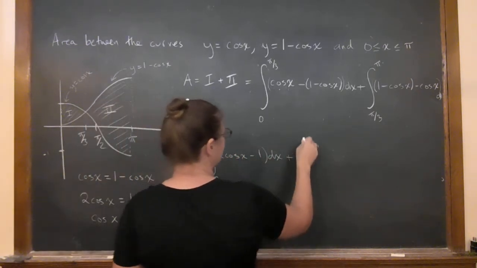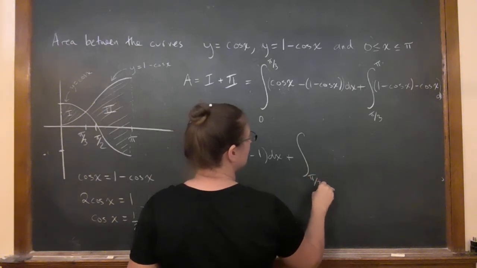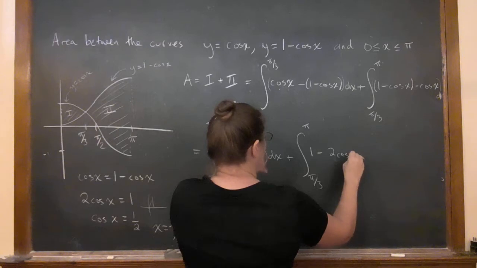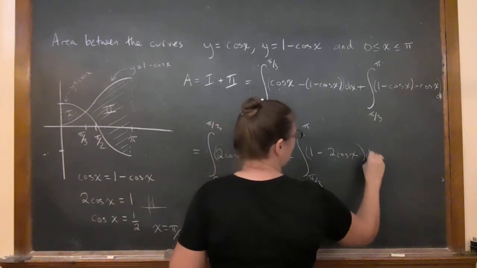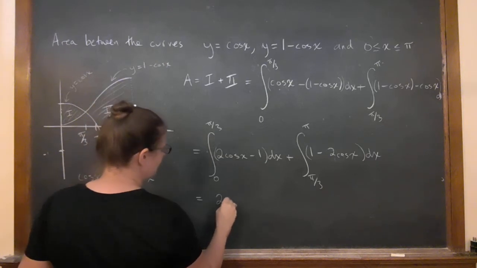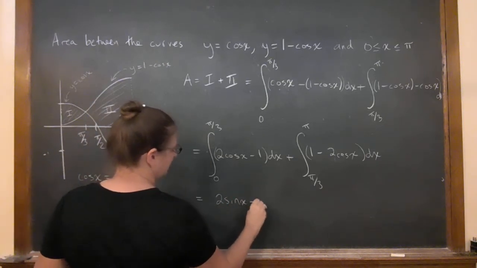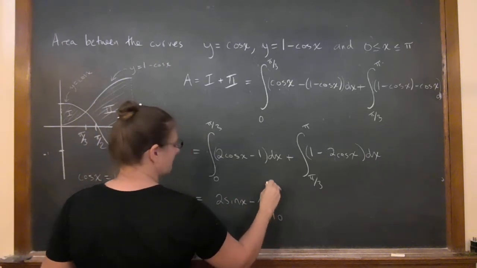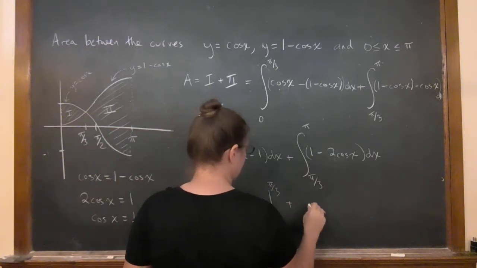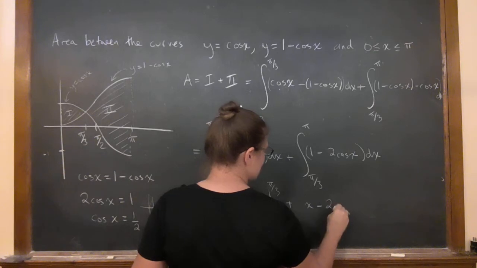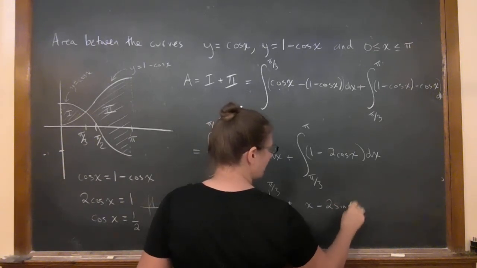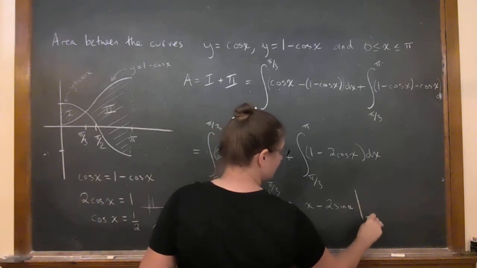And then the second one is going to be 1 minus 2 cosine x. Okay, so derivative of sine is cosine. This is this. Plus this one is going to be x minus 2 sine x. Evaluated from pi over 3 to pi.